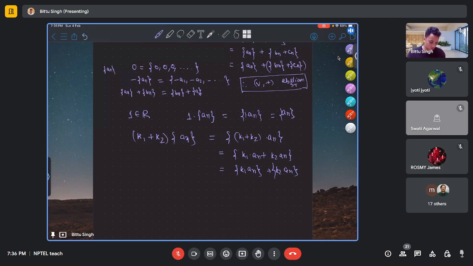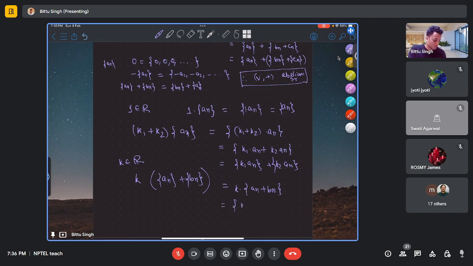Another distributive property will be an plus bn. Now multiply it with a constant scalar k, where k belongs to the field R. So you can see this is the same as first adding an and bn and then multiplying by k.